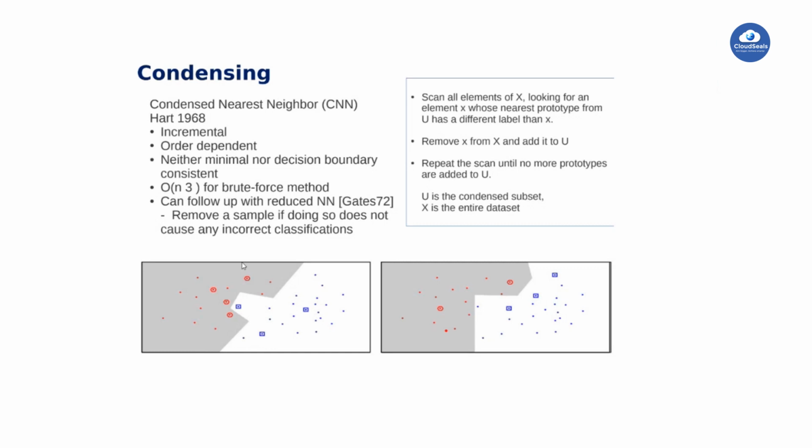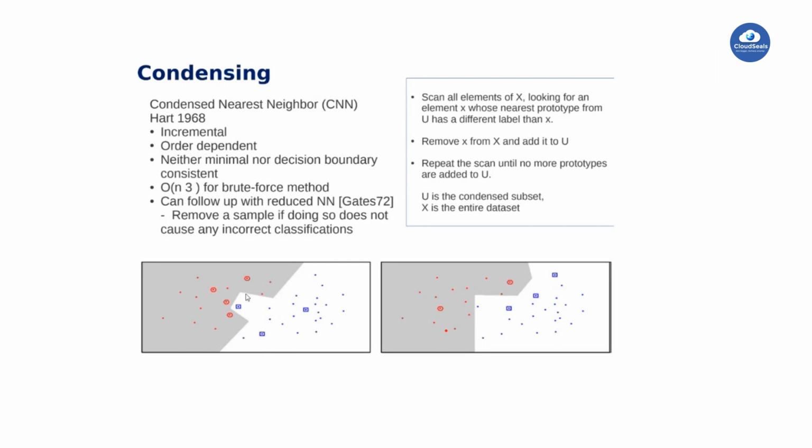Whatever data points are being misclassified, you separate them and assign them into the condensed data. X is the entire data set, U is the condensed subset. Condensed means those which actually belong to another class but are very near to the other class.